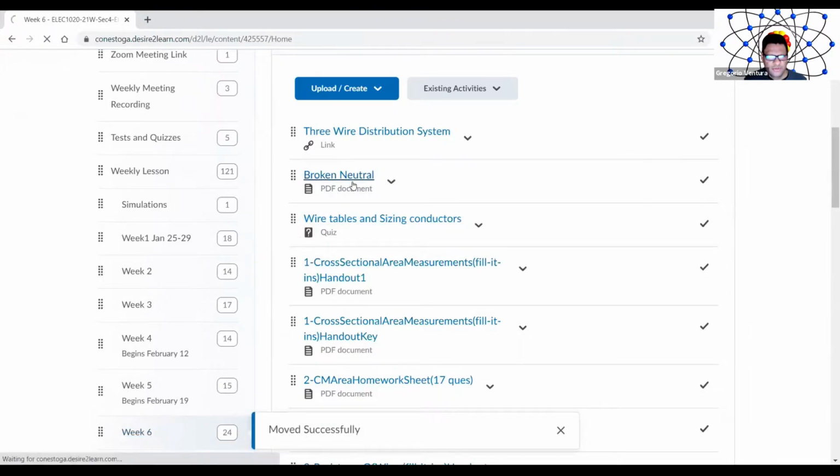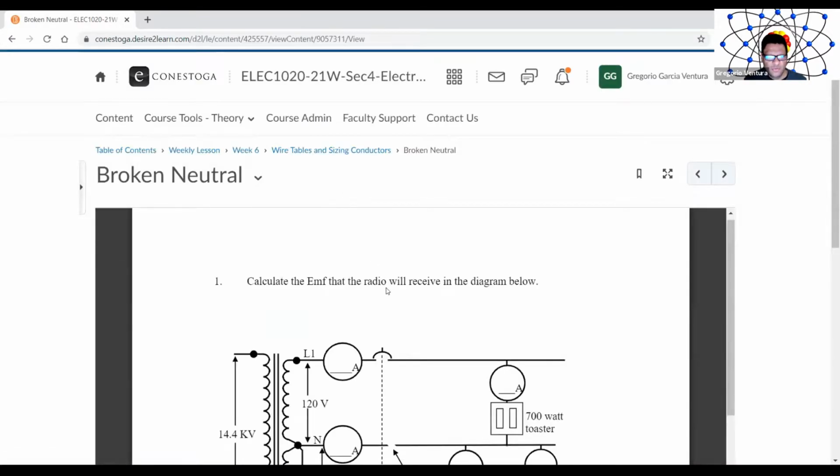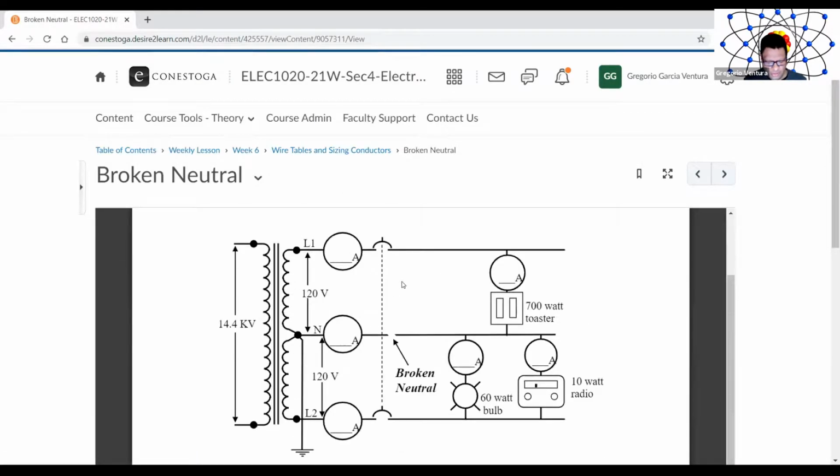Once we are done with the first part of today's lesson, I want you to test yourself, to test your knowledge, your ability to use Ohm's law, your ability to understand series and parallel circuits and apply that knowledge in order to solve for a broken neutral situation that we are going to cover anyways during this lesson.